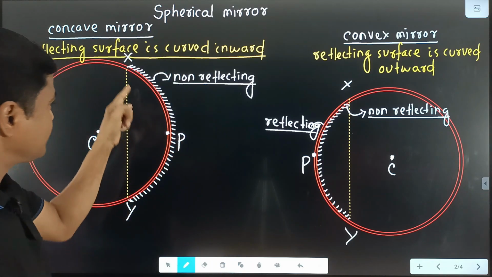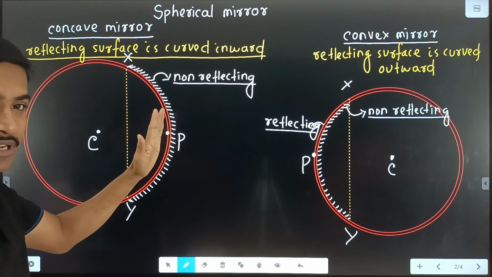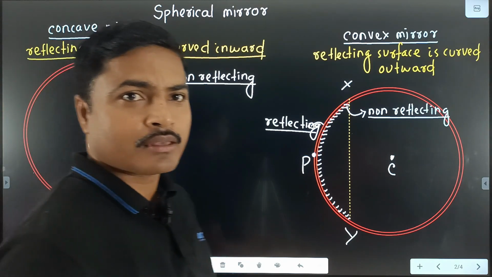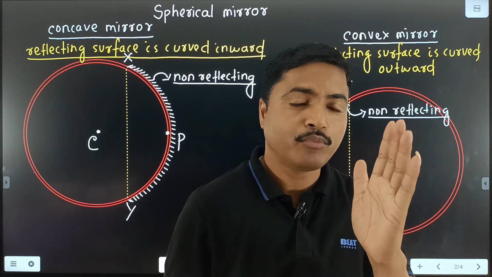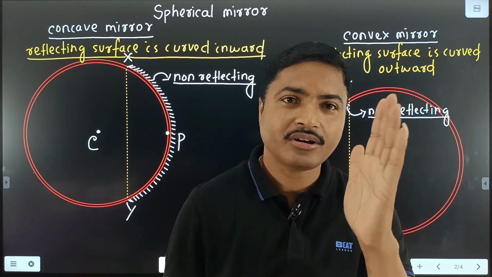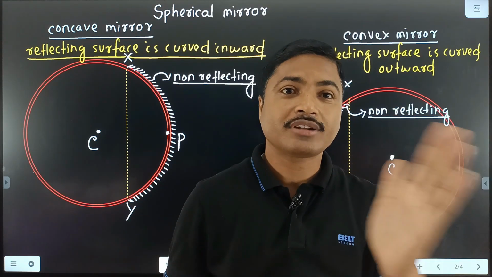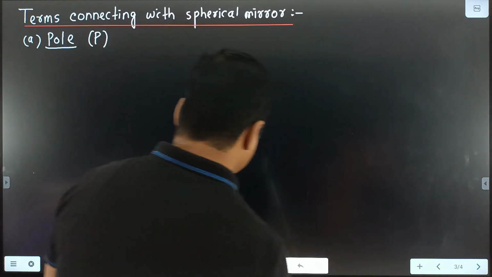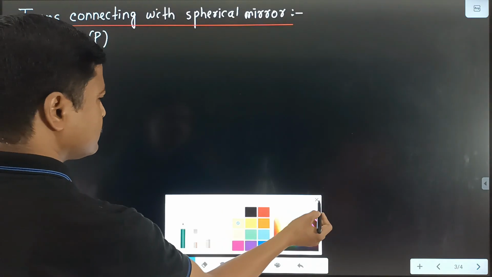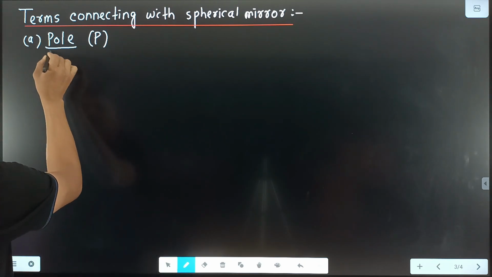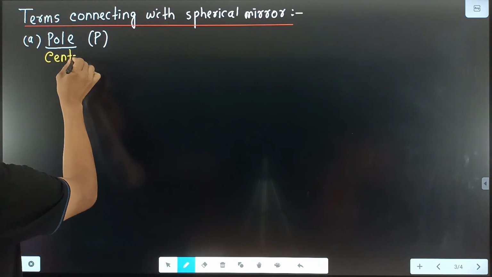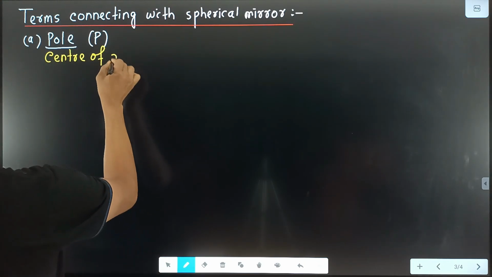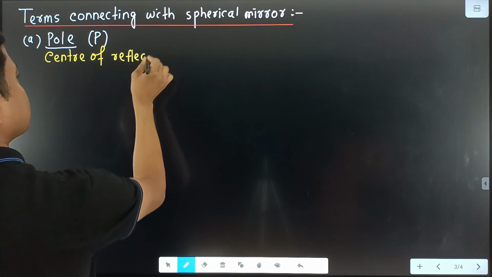Here also the pole is situated on the reflecting surface, that means on the spherical mirror. The pole is always situated on the reflecting surface, not outside the spherical mirror. Clear? So we write pole means the center of the reflecting surface.